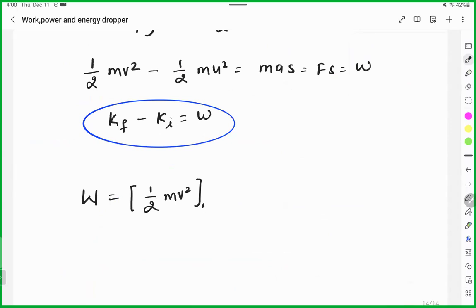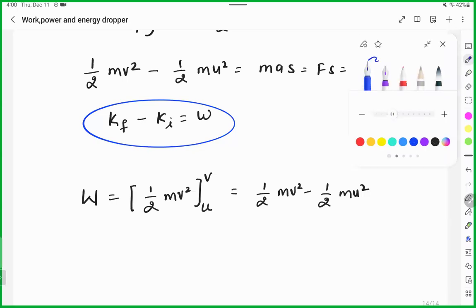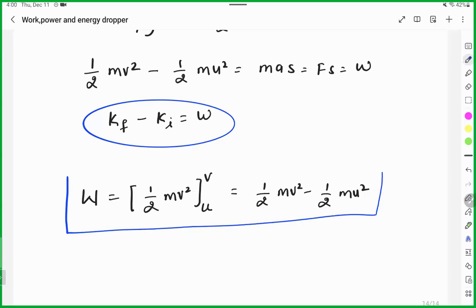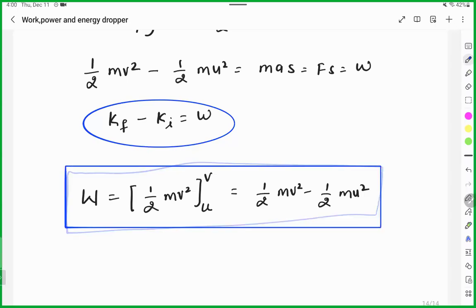Initial is u, final is v. Correct? It can also be equal to half mv square minus half mu square. Same thing from the previous equation. That's why I said we are already done with this. Any doubt? No, sir.